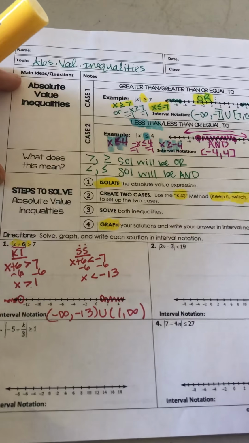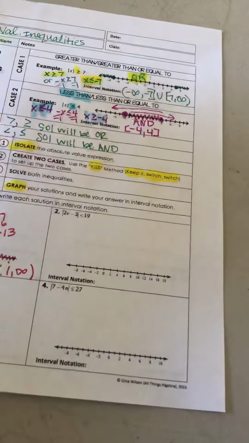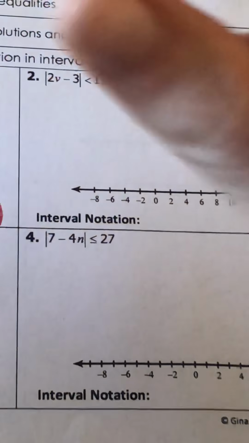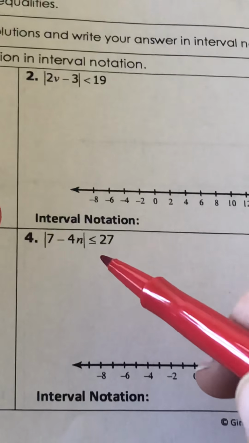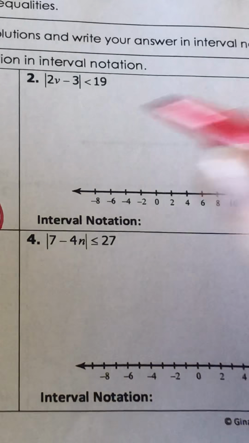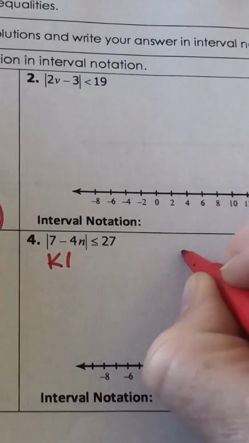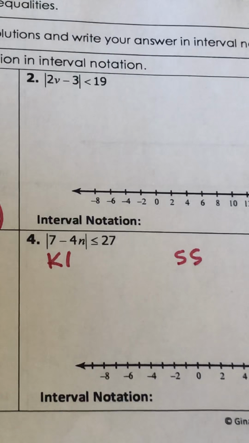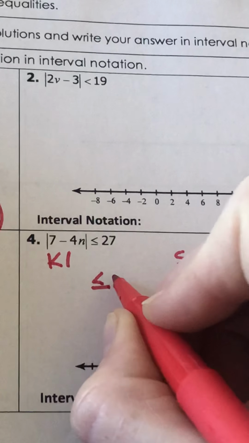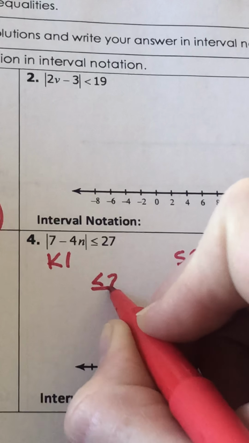Okay, none of these on the front page have something where you have to isolate the absolute value. Okay, so let's do 4, because I see a negative with the n there. So we're starting with the less than. Let's see what happens here. Our absolute value is isolated, so we can do our keep it, switch, switch. When I keep it, the keep it is less than or equal to 27.